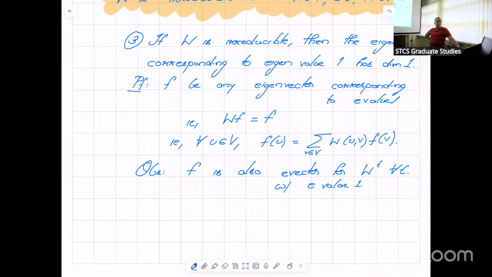Now I want to claim, suppose F is not a constant vector. I want to tell you that the inequality is going to give you a contradiction.